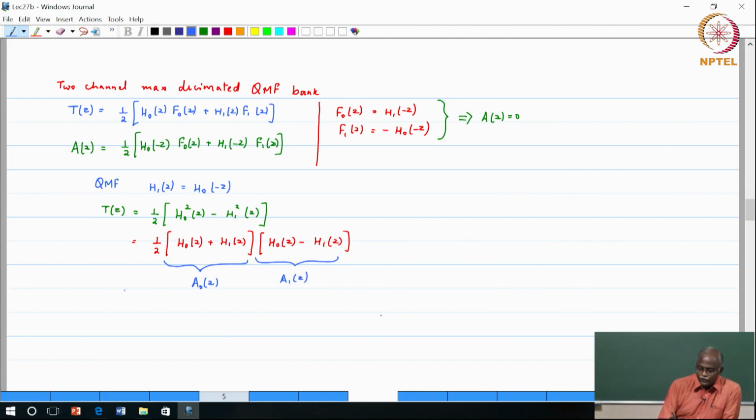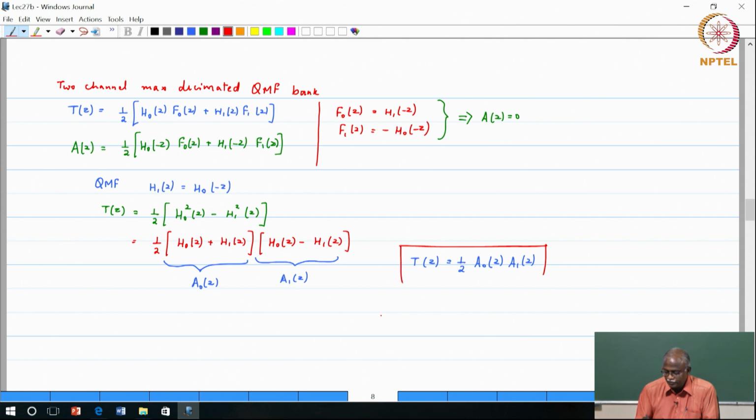So the overall transfer function T of z is equal to 1/2 of A naught of z A1 of z. This is a case where we have eliminated the aliasing, eliminated the magnitude distortion, but there is phase distortion which we have not done anything about. Okay.